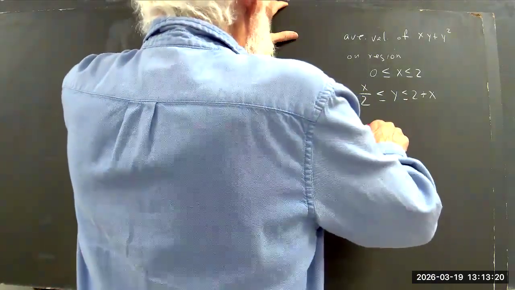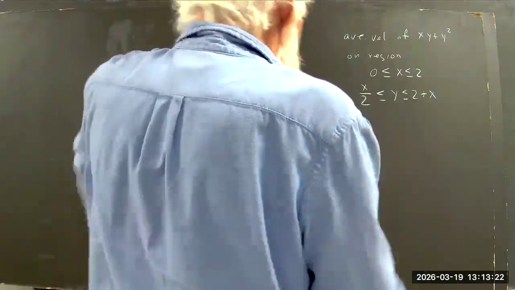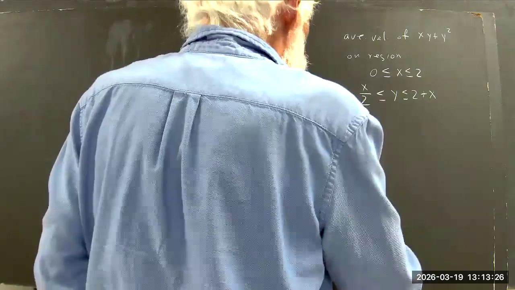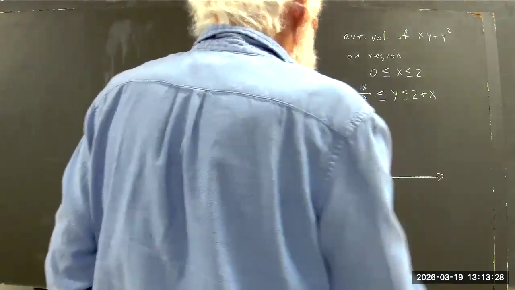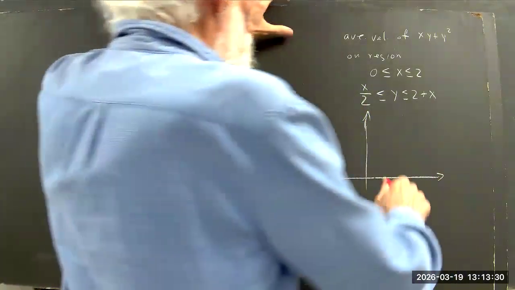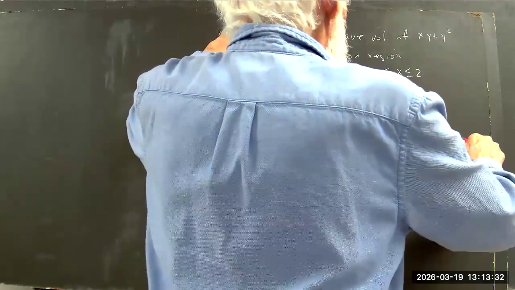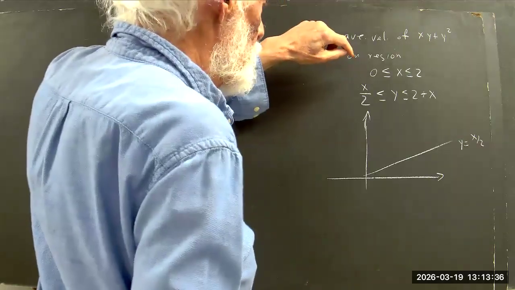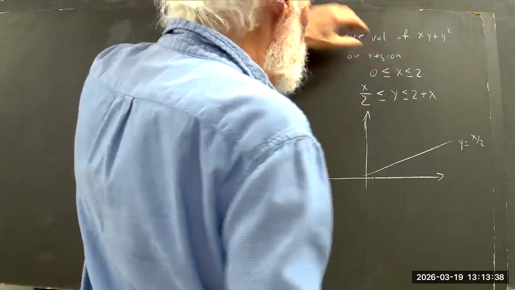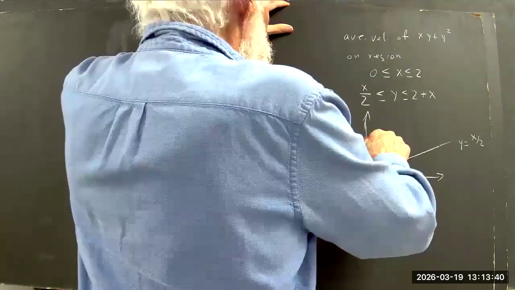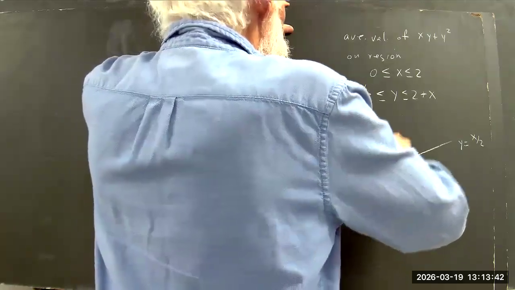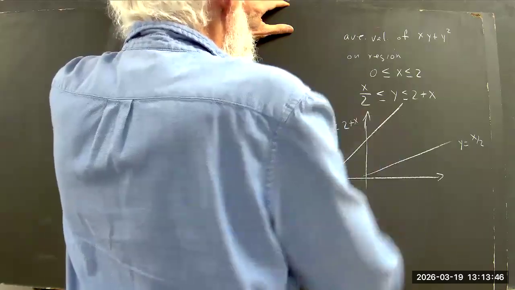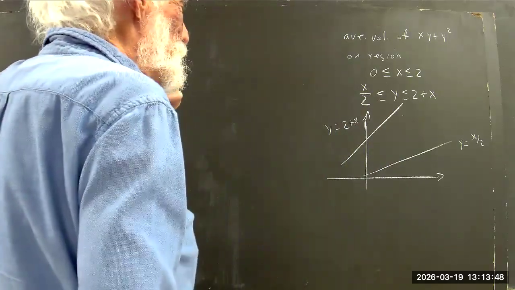Now that region is, let's go ahead and draw a y-axis and an x-axis. Line y equals x over 2 would be like here. And the line y equals 2 plus x might be here.